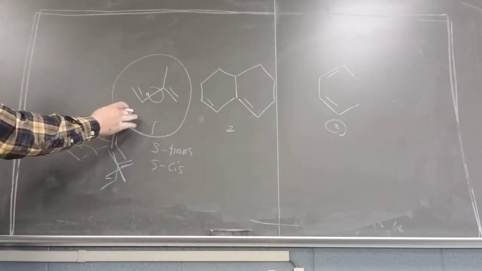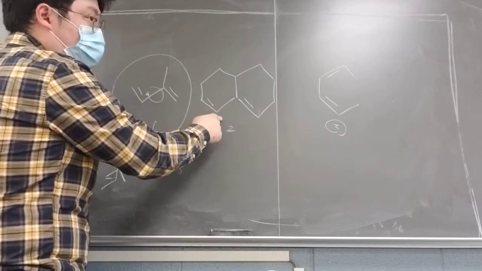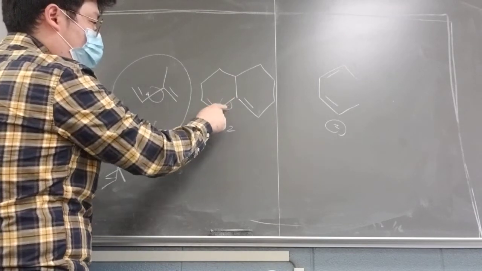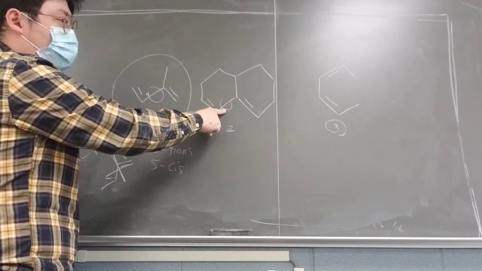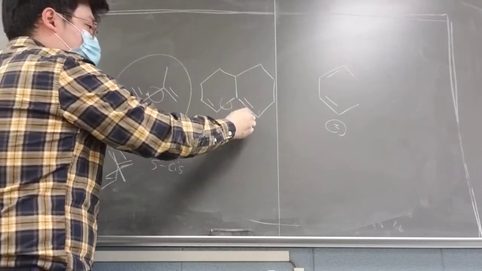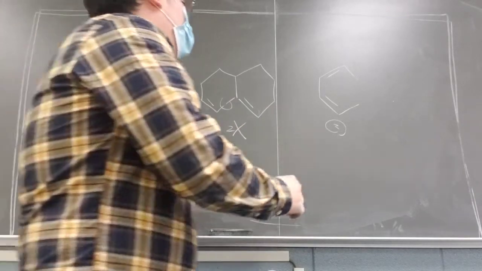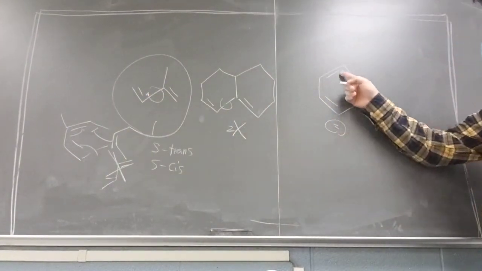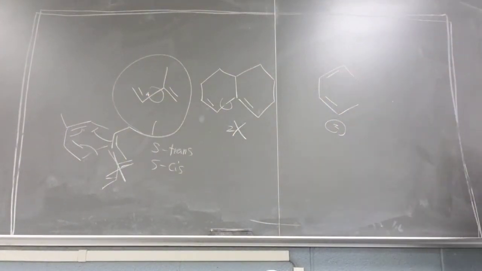There's no problem for this compound. But what about this one? Can you rotate this one over here to make it cis? No, because it's a bicyclic compound. It cannot rotate this part, so this is not good. What about this one? We already have this one in the cis form.